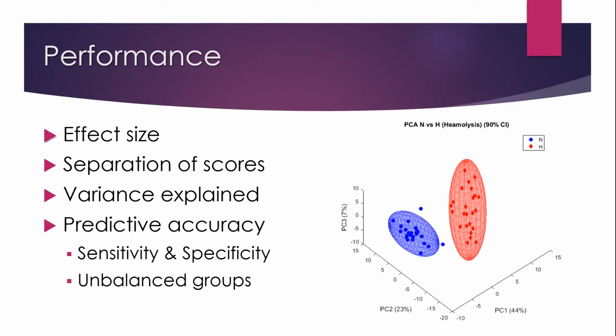So let's say, for instance, you've got a very unbalanced group design where you've got a lot more healthy controls than you've got sick individuals. Then obviously, purely expressed as a percentage, if you can just classify all of them as healthy controls, then you would be 90% accurate. But that's only a reflection of the small proportion of sick individuals rather than the actual accuracy of the model.